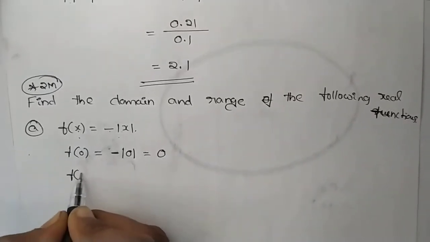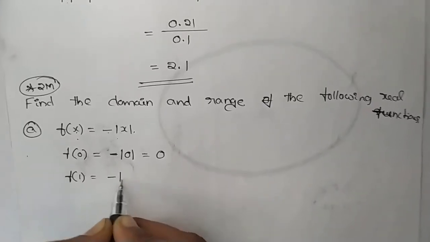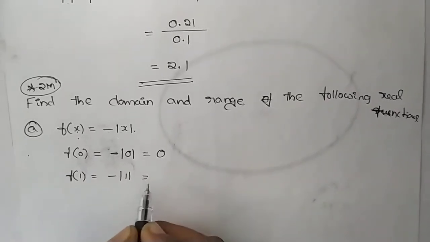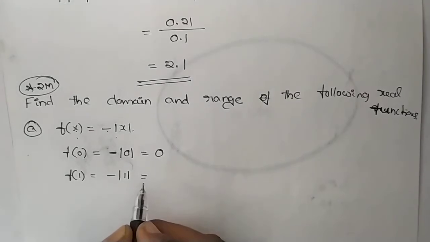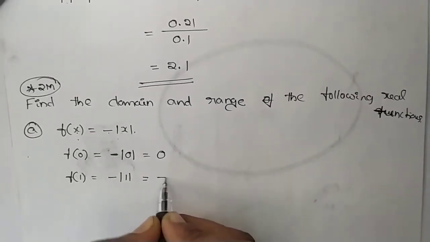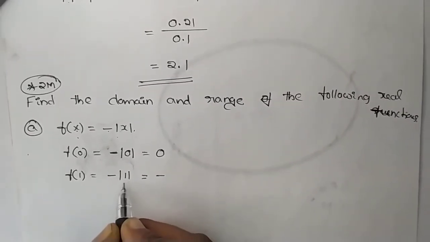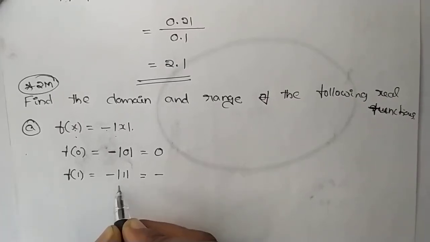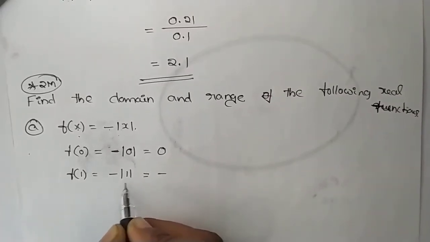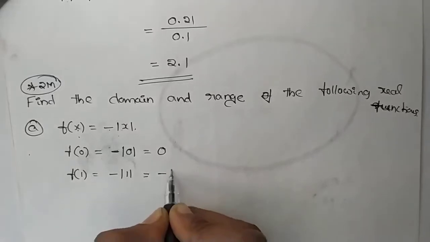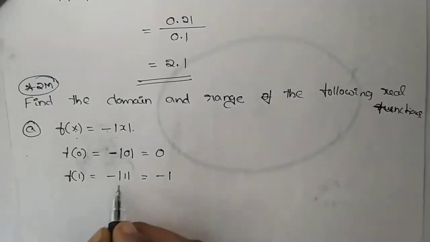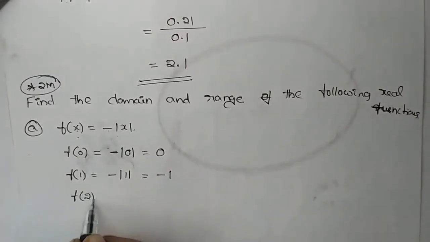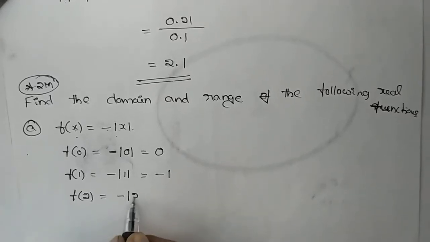Now f of 1 equals minus modulus of plus 1. Modulus always represents a positive number. So minus 1, right? f of 2 equals minus modulus of 2.